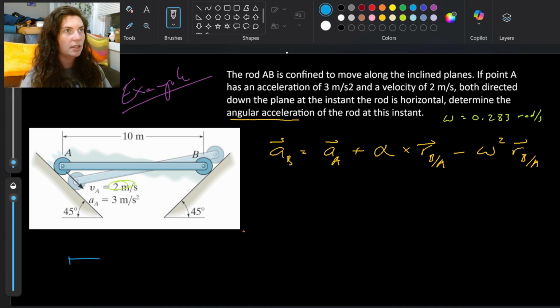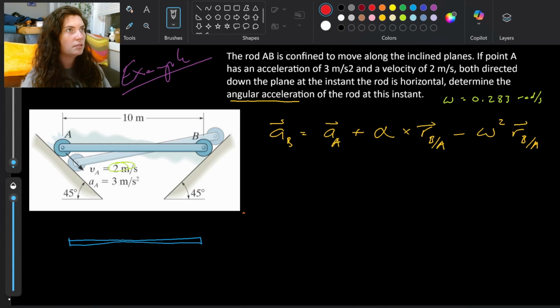And let's draw ourselves a new kinetic diagram just for acceleration this time. On our bar, we know our acceleration of A is down at 45 degrees, and it's 3 meters per second squared. We know our angular velocity now, 0.283 radians per second. And we're just going to assume this angular acceleration goes the same way.